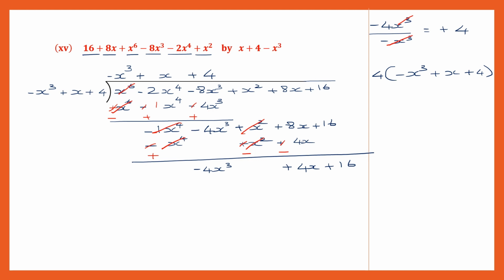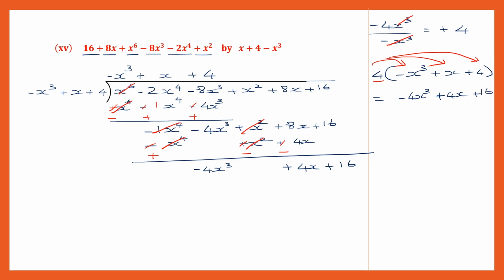So 4 into minus x cube will be minus 4x cube. Then plus x becomes plus 4x. Then the last term, plus 4: 4 fours are 16, plus 16.